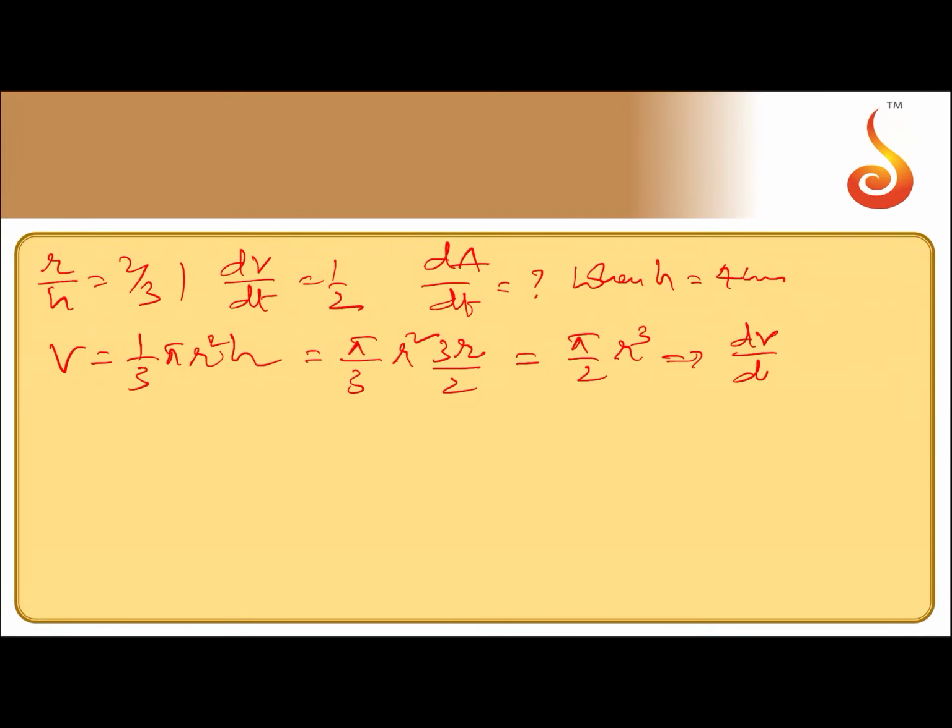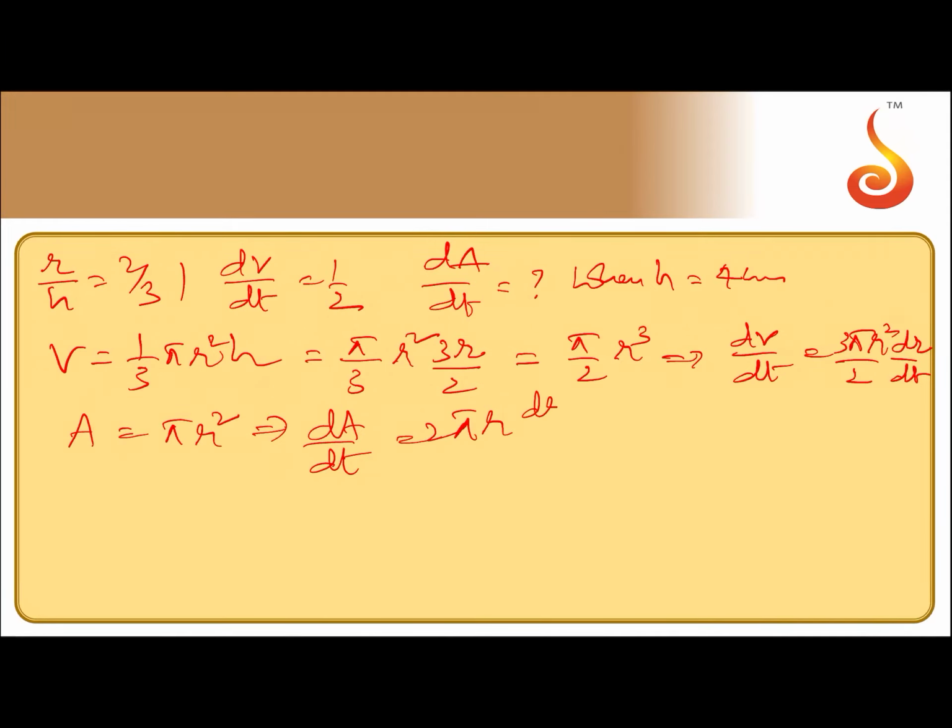That implies dV by dt is given by 3 pi r square divided by 2 dr by dt. Let me consider the area is equal to pi r square, because the surface area of the water will be in the circular form, and dA by dt is equal to 2 pi r multiplied by dr by dt.